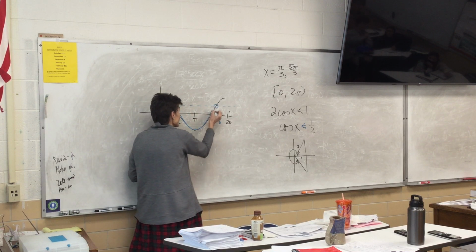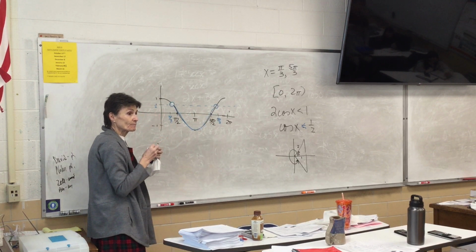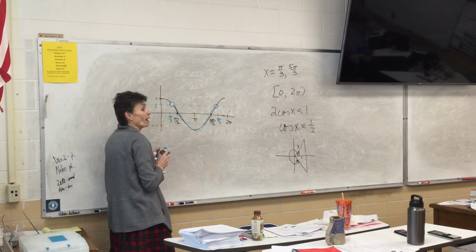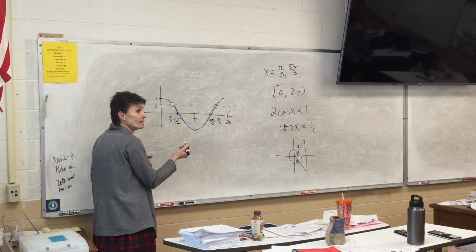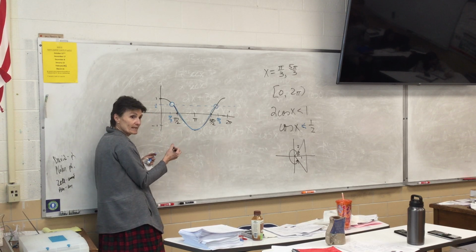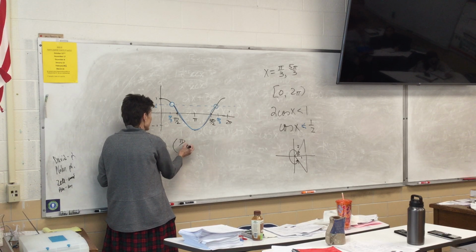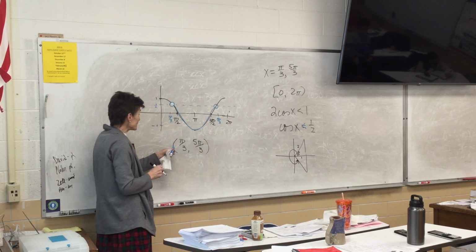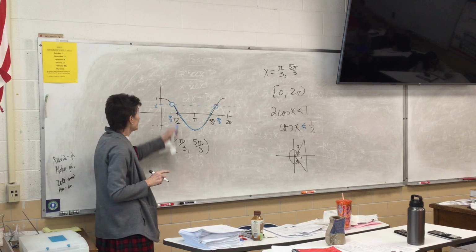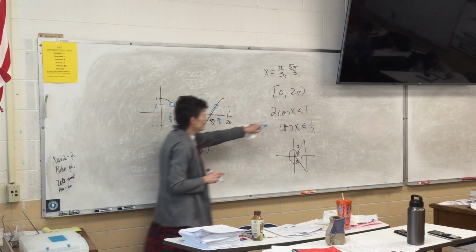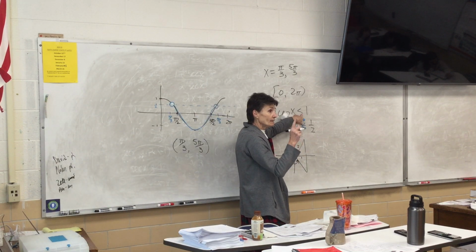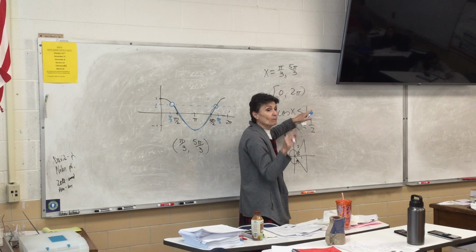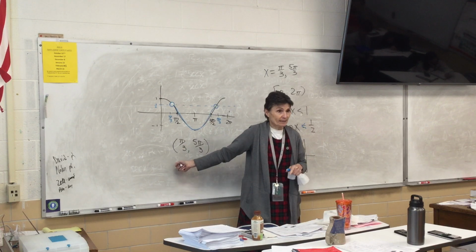Isn't that all of this right here? So the answer isn't just pi over 3 and 5 pi over 3. The answer is everything in between them. So the interval from pi over 3 to 5 pi over 3. Now, notice I'm using parentheses and open dots because that is a less than and not an or equal to. That would fill in the dots and make brackets.